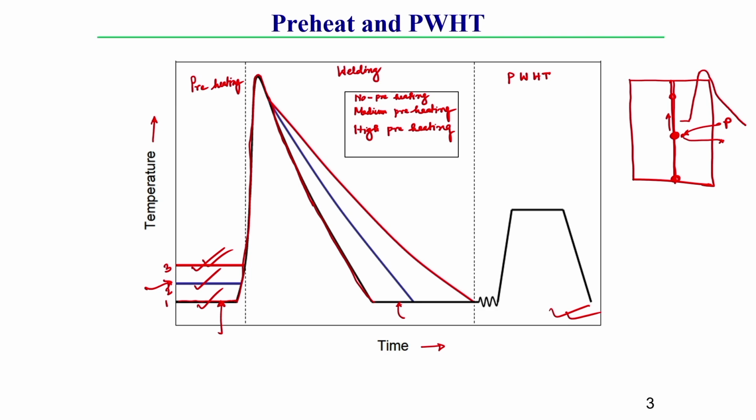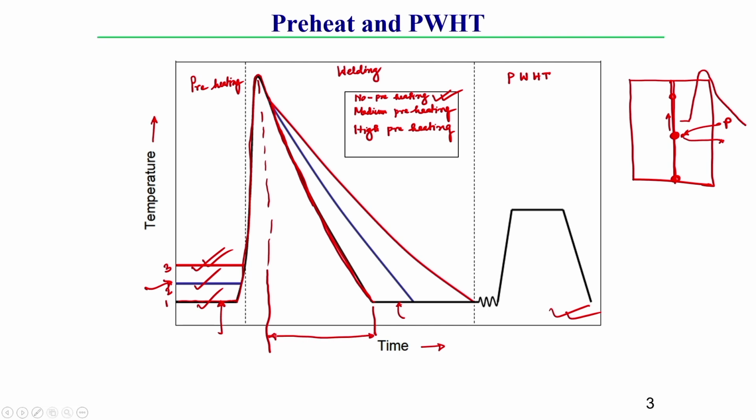Okay. After that, when there is no preheating, you can see comparatively very rapid cooling takes place. That means the time taken from this peak temperature to room temperature is this much.